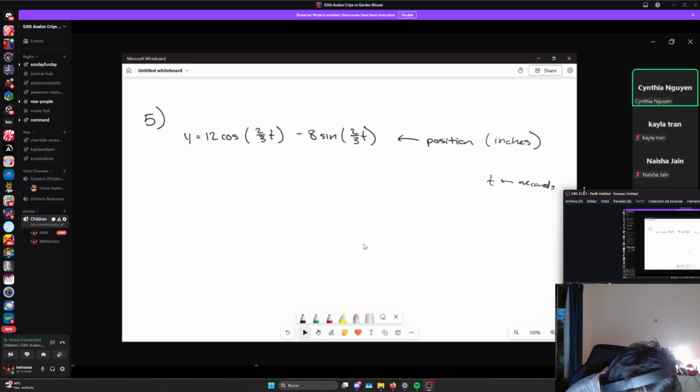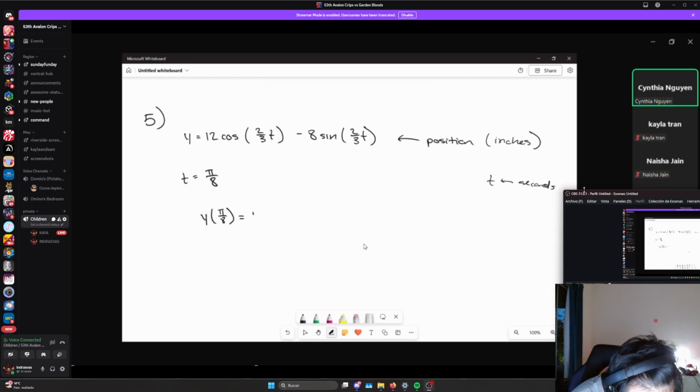It's asking for what the clown's position and velocity is at t equals pi over 8. So your position is right there, which means you can just plug t straight in right here, right now.